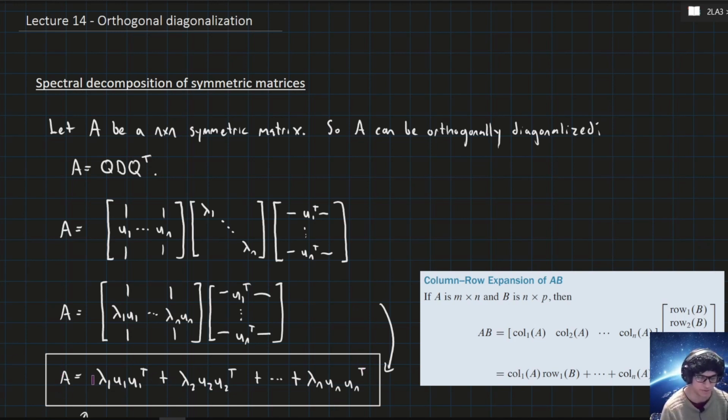Okay, and so it becomes lambda 1 u1, so this column, times the first row, u1 transpose. We just sum that up from 1 to n, and we get this summation.